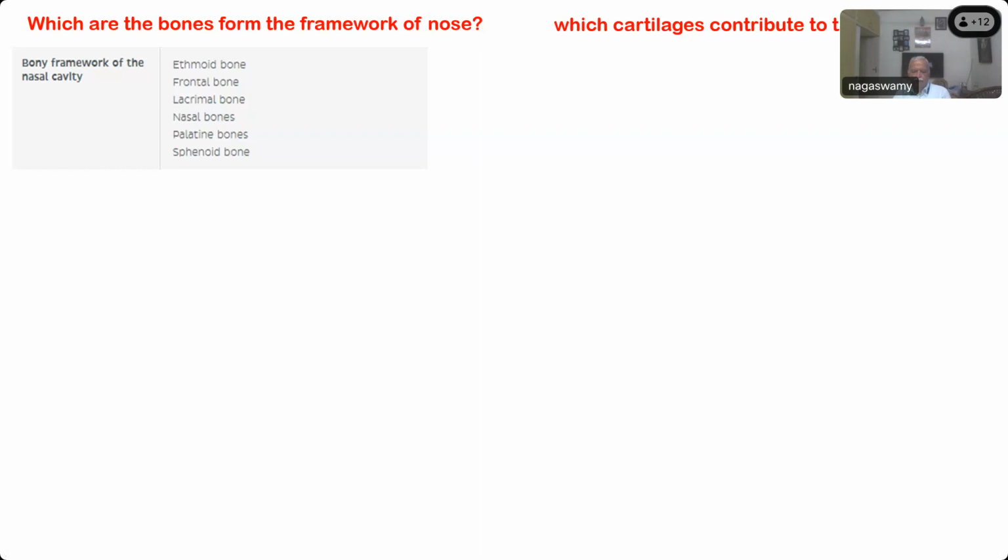Why do we have to know about the nasal septum, and what is the importance of these cartilages which are contributing to the formation of the nasal septum? When you want to do a nasal intubation, what is the examination you have to conduct of the nose? We have to look for the septum, whether it is straight or deviated, sir.